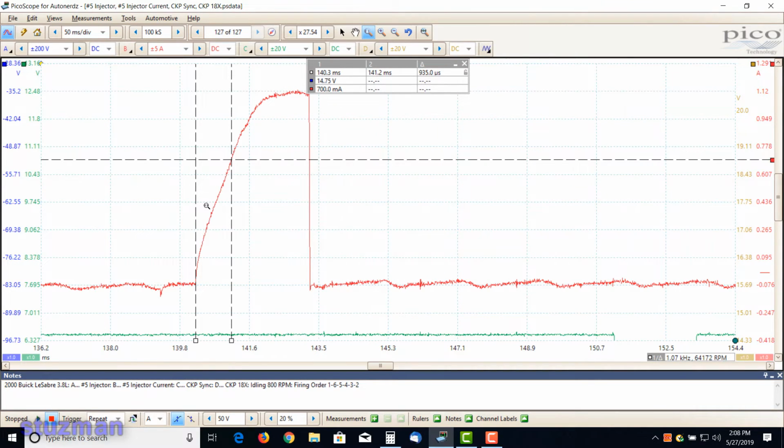Now another thing to note, let's look at the time constant here. This is one time constant. If you remember, I said that it takes 5 time constants for the coil to be fully charged. So let's lock the cursors and move this over to here. This is one time constant, there's 2, and there's 3.